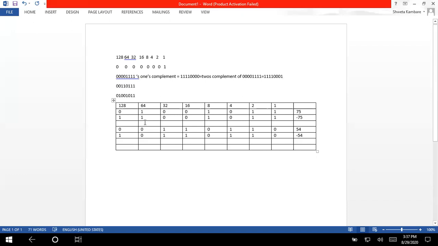In order to know which number is actually represented, you need to know which representation scheme has been used. Now try to calculate the 2's complement of this.